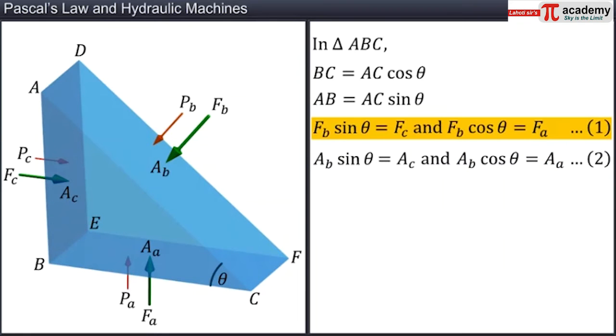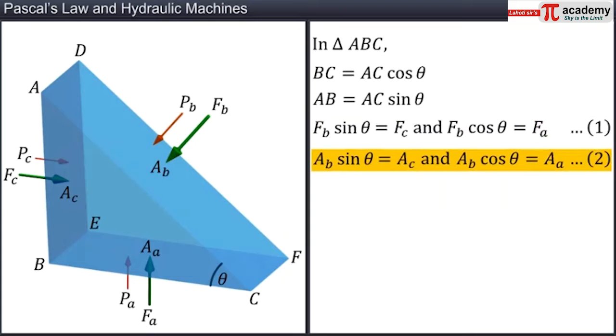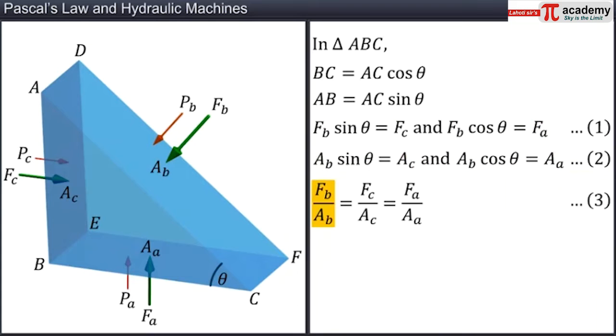Dividing equation 1 by equation 2, we get FB divided by AB is equal to FC divided by AC, which is equal to FA divided by AA. However, the ratio of force to area is equal to pressure.